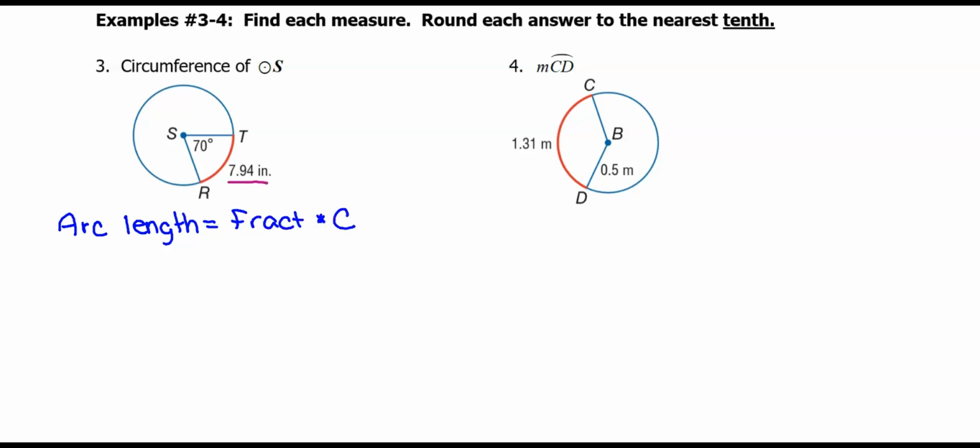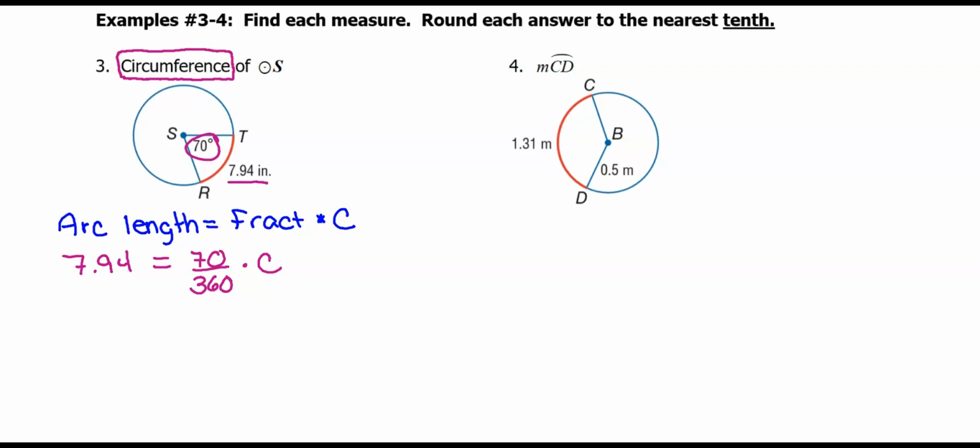Go ahead, put that on the left. And then I do know the fraction is going to be 70 over 360 times the circumference. And notice they want us to find the circumference, so they want us to find C. So I'm going to leave that C just like that.